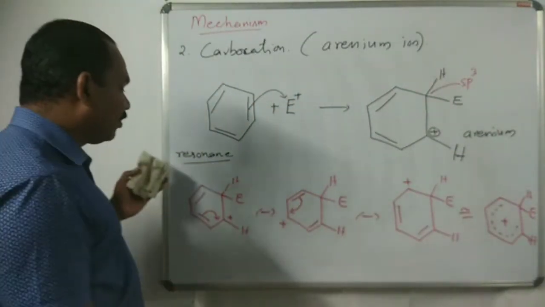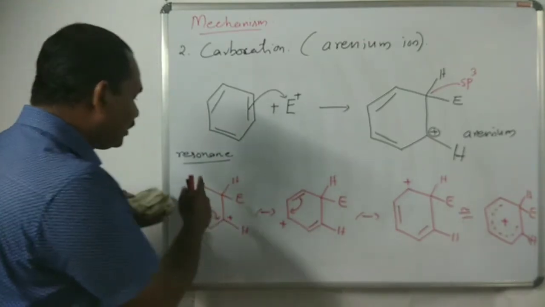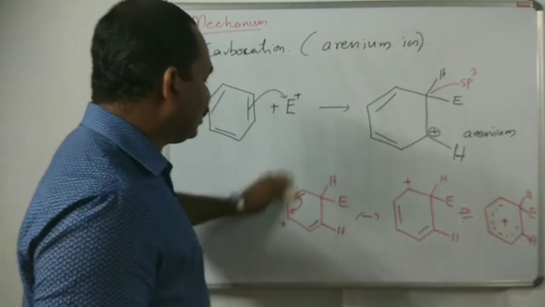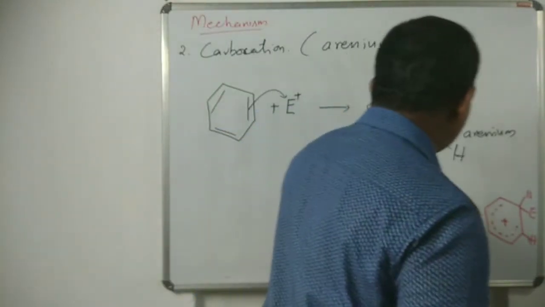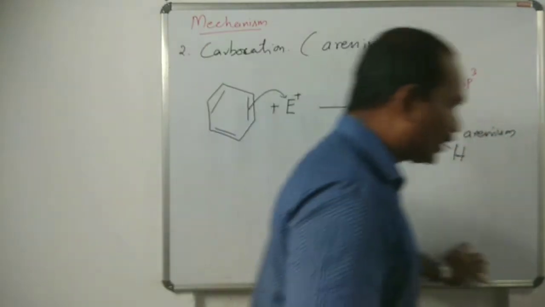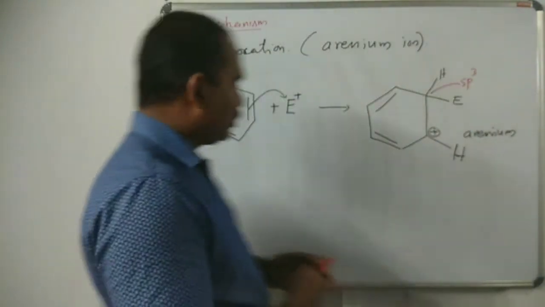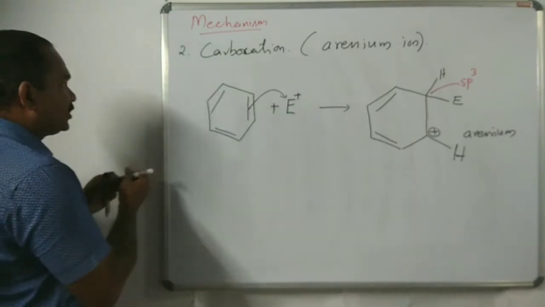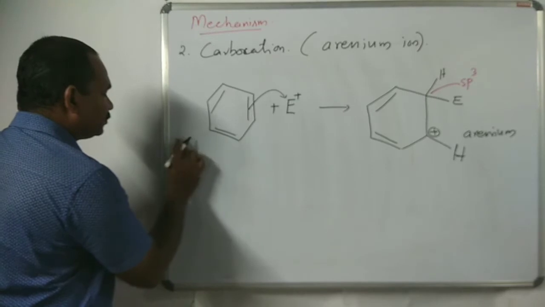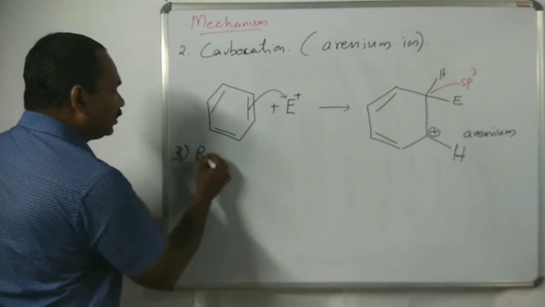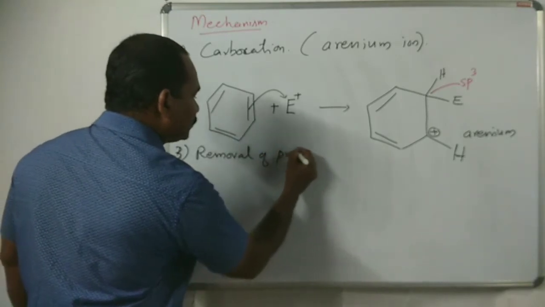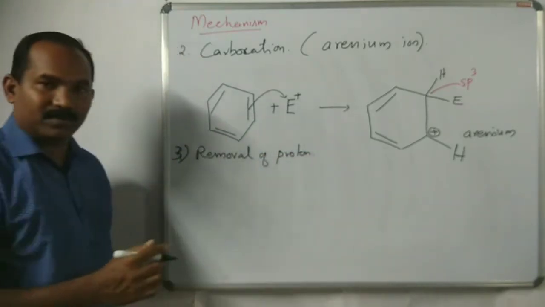Okay, removal of proton. So I erase the resonance structures to show the removal of proton. All these things are given in your textbook. Then the third step is removal of proton.